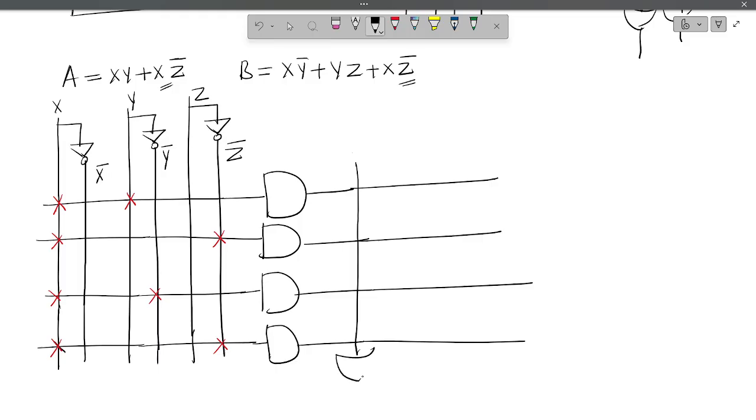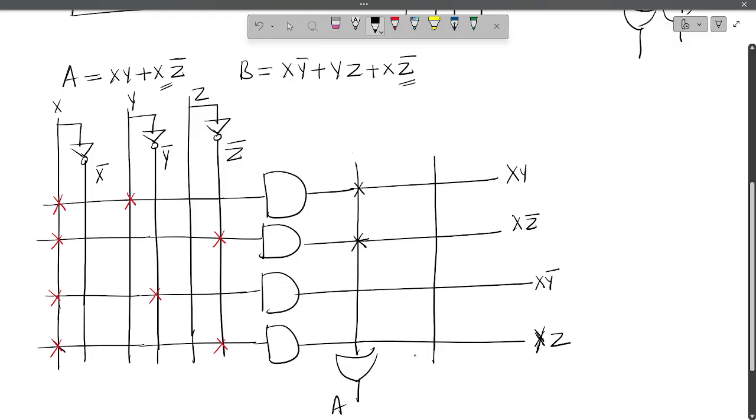This is connected to the first function: XY, XZ bar, which is A. And the next one is B: XY bar, YZ and XZ bar. Is it fine? Did you understand?